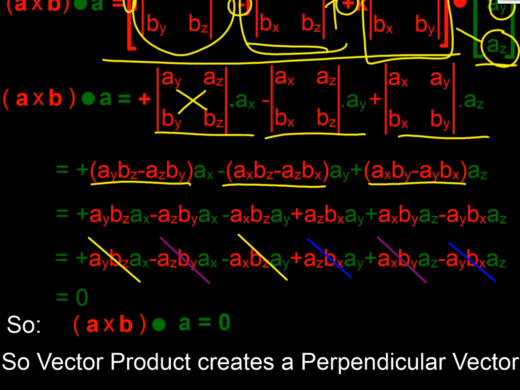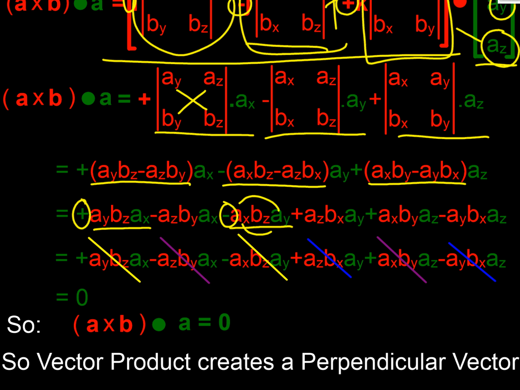But what's interesting about these 6 components is that some of them are the same. So if we look at the first component, we've got AY, BZ, AX, and that's actually the same as the third component. They're just in a different order, aren't they? Where the AX, BZ, AY. So what's happened is these two have been swapped round. But this one's positive and that one's negative. So they're going to cancel out. Yeah.